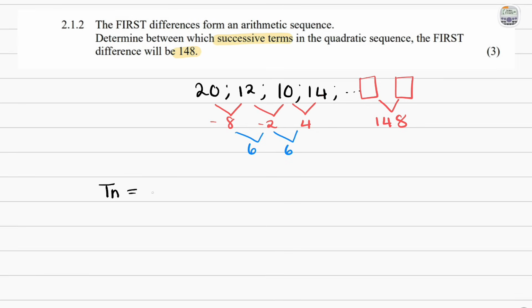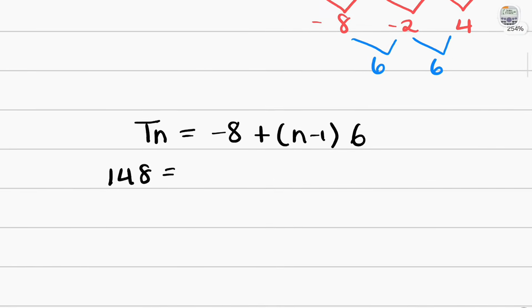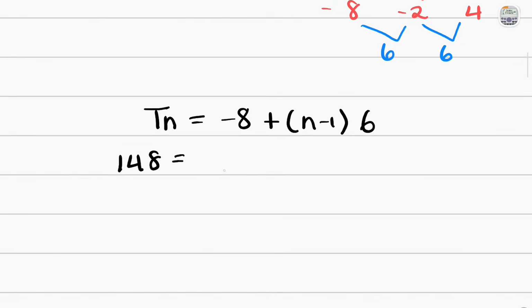So it's going to be in the form of a plus, and the value of a here, the first term, is negative 8. So it's negative 8 plus n minus 1 multiplied by the difference, which we can see is 6. We're trying to find out which term is exactly 148. So 148 is equal to, in place of tn, negative 8 plus n minus 1 times 6.